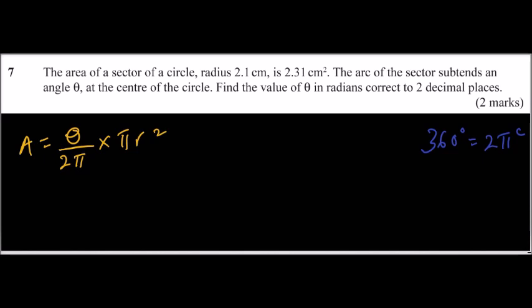So now, since we have the area equal to 2.31, it is equal to theta divided by 2 pi, multiplied by pi, multiplied by the radius, which is 2.1 times 2.1, that is the radius squared.